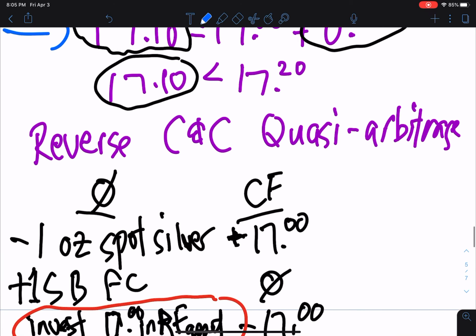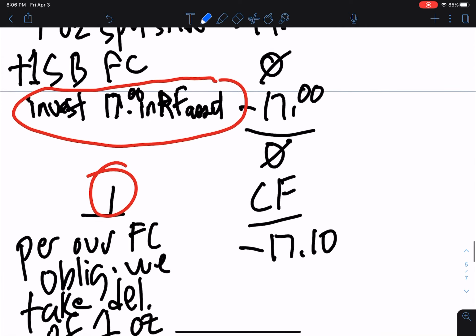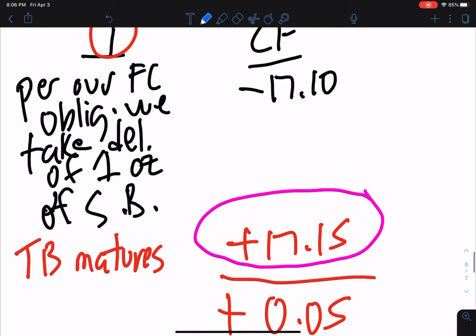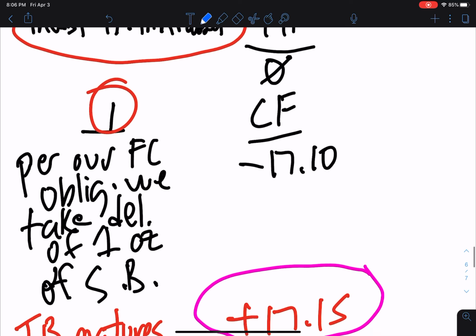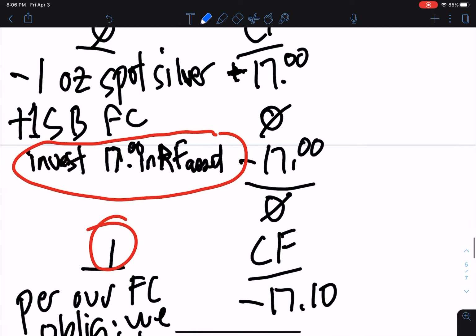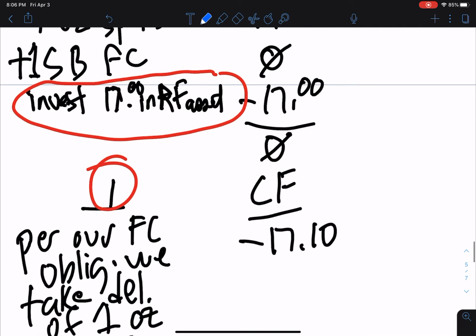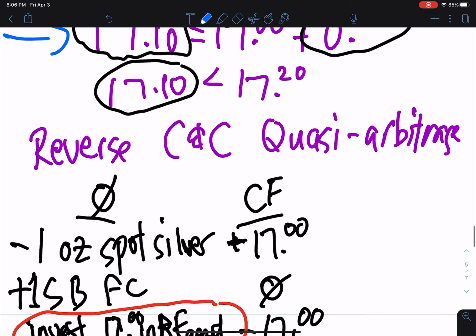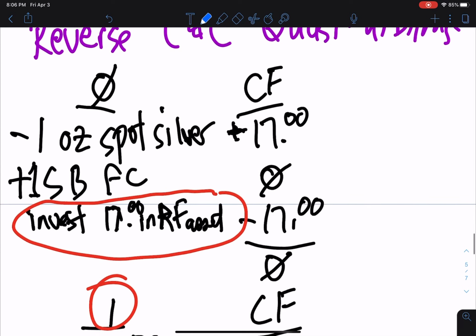Okay, well, how many of these trades will we do? Well, we'll do as many as we can, but we're not going to be able to do an infinite amount of these trades because what we're doing in order to capture the arbitrage profit is actually pushing prices back toward an equilibrium because we are in this position, we're shorting the spot silver and we're buying the silver bullion futures contract.